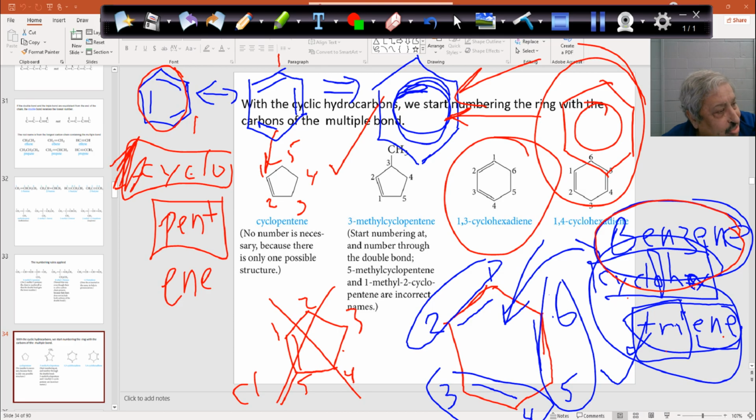However, obviously this is too long, so we just give it the name benzene because that's the core of the aromatic compounds. Aromatic compounds differ from alkanes, alkenes, and alkynes by smell. That's the naming called aromatic. They have a specific aroma or smell. The alkanes, alkenes, and alkynes are odorless. Okay, guys?